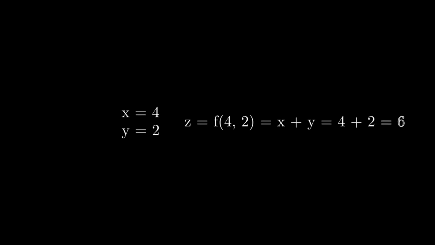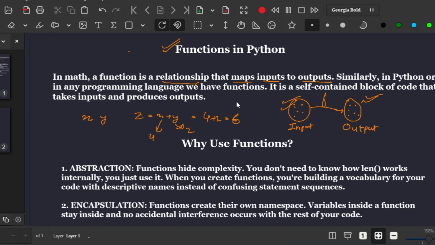So z equals x plus y, and now we take two different values for x and y. Let's say x is equal to 4 and y is equal to 2. So z will be x plus y equals 4 plus 2 equals 6, right? And this is the plain definition of a function.